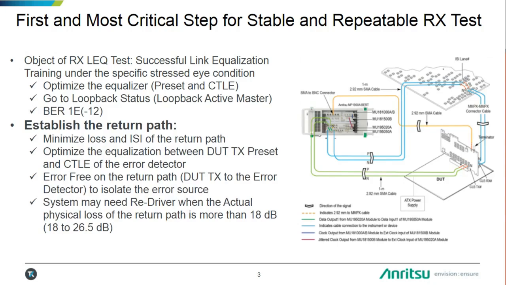And once you make the connection from your DUT TX to the error detector, if you have the ability to make the DUT TX generate a certain pattern like a PRBS pattern, modified compliance pattern, or any pattern, you just connect to the error detector, optimize the CTLE of the error detector, and optimize the TX preset or emphasis to get error-free.